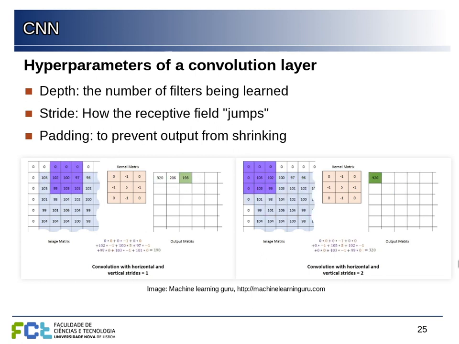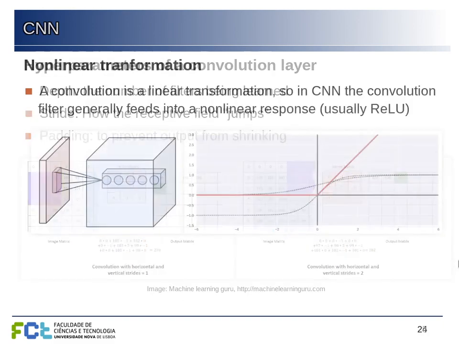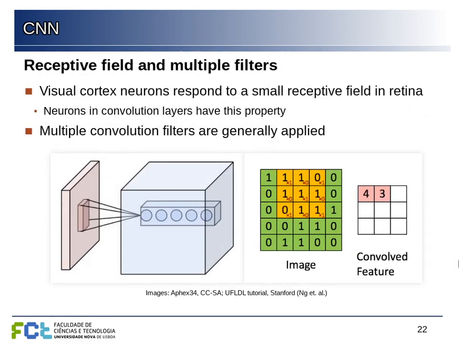Another important parameter is padding. If you see in this example, as we scan the input with our kernel, even though the input is 5 by 5, the result is 3 by 3, because we cannot step outside the input, and so the center of the kernel cannot reach all the positions in the input.